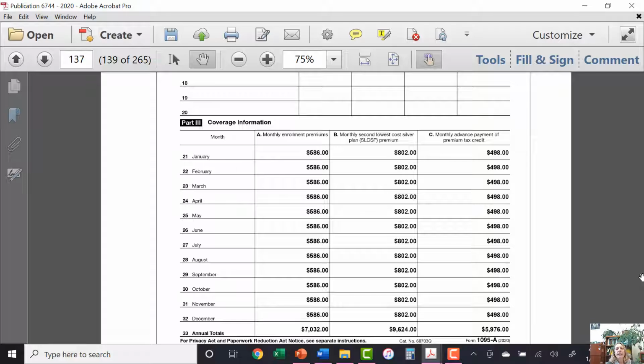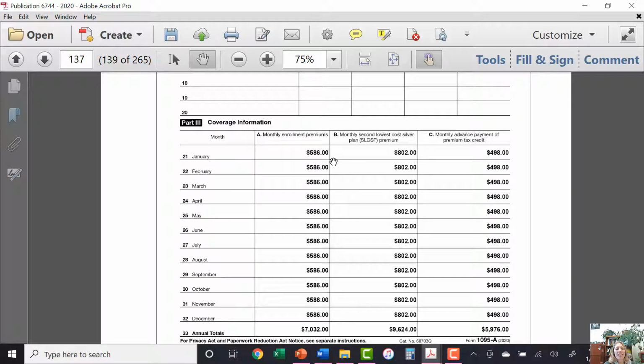Okay, this is basically how much their insurance premium is reduced by an advance payment of the premium tax credit. Okay, if they got a 1095A, that means they have a reduction in what they have to pay for health insurance, and that means they must file, and all of this information has to be put into the tax return, or we cannot finish it. Okay, the software won't even let us finish it if we say that they have marketplace insurance.